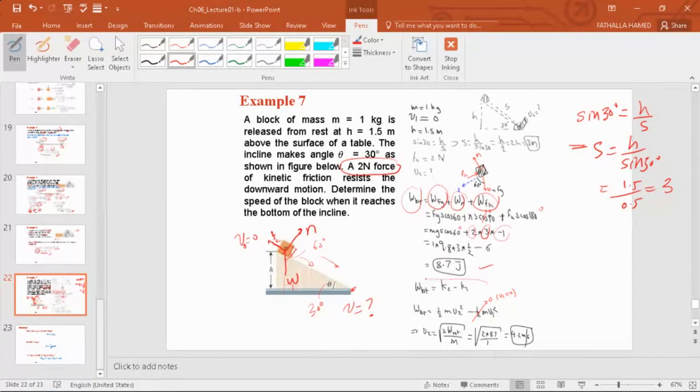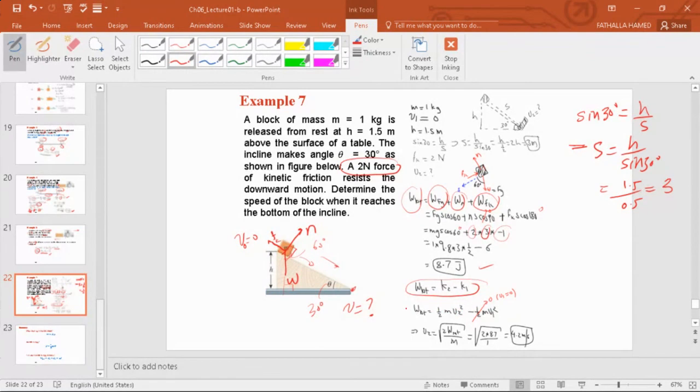This total work should equal the change in kinetic energy, which is K2 minus K1, 1/2 mv2 squared minus 1/2 mv1 squared, but v1, which is the initial, is starting from rest, so it's equal to 0. So the total work is equal to 1/2 mv2 squared.